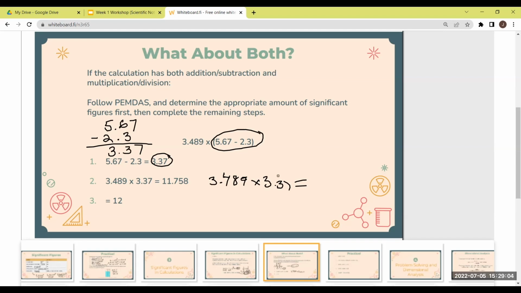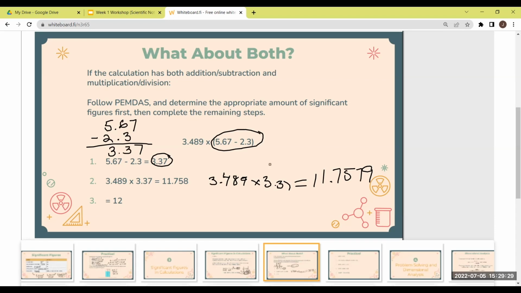So I'm just going to punch this into my calculator. And it's going to get me 11.7579.